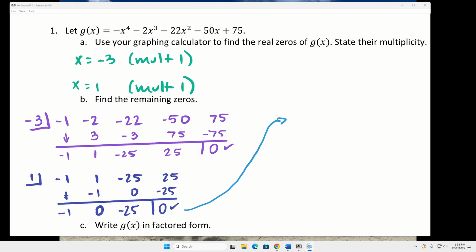We started off with degree 4, and we did synthetic division twice. That should take us down to degree 2. The 0 here means that we're not going to have an x term, so that's okay. That actually makes it easier to solve.